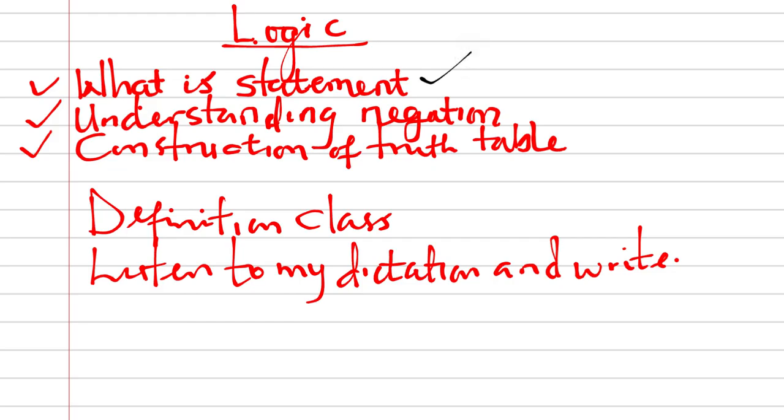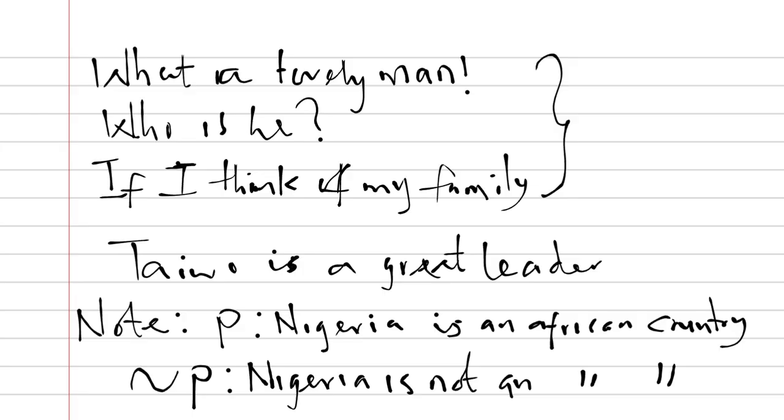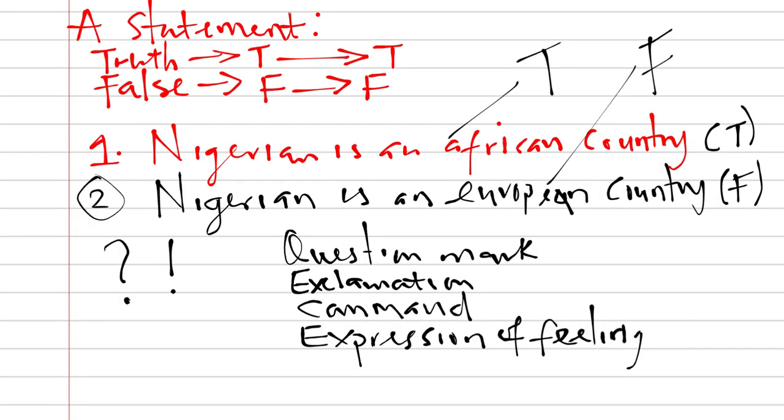We said a statement in a logical context is a declaration, verbal or written, that is either true or false. We've been able to denote that, and we said when it is true, it takes the truth value T, and when it is false, it takes the truth value F. Do you get that context now?